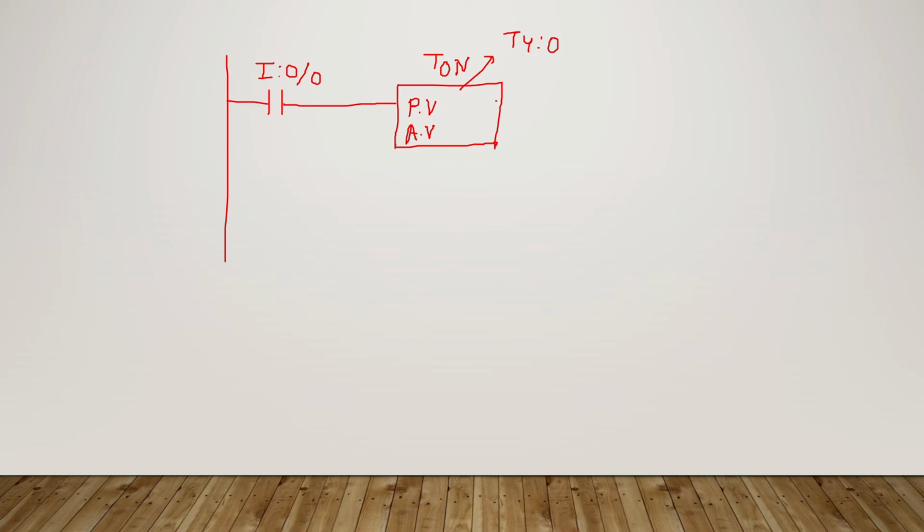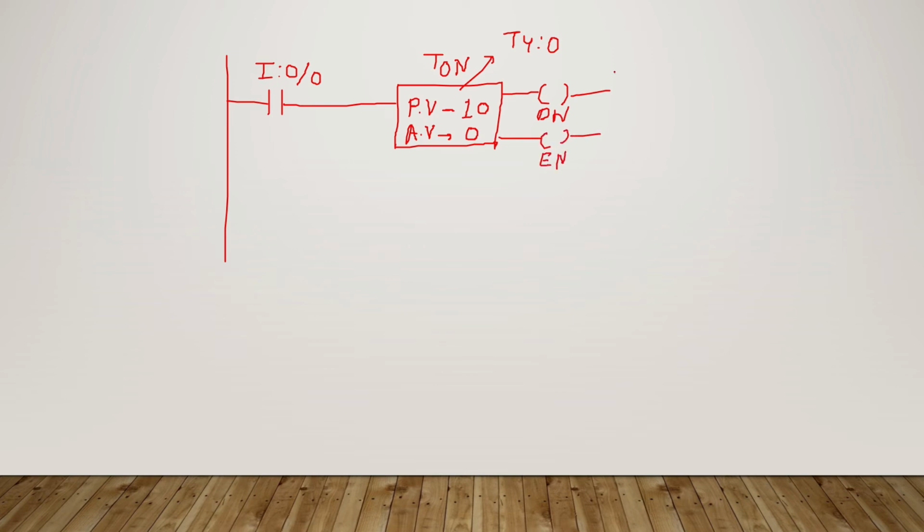If you want to turn on an output after some time, just give your time to the preset value. Suppose you want to turn on the output after 10 seconds, then give 10 to this preset value, and this accumulated value is 0. Here you can see the done and enable bits. These are two bits of the timer, done and enable.